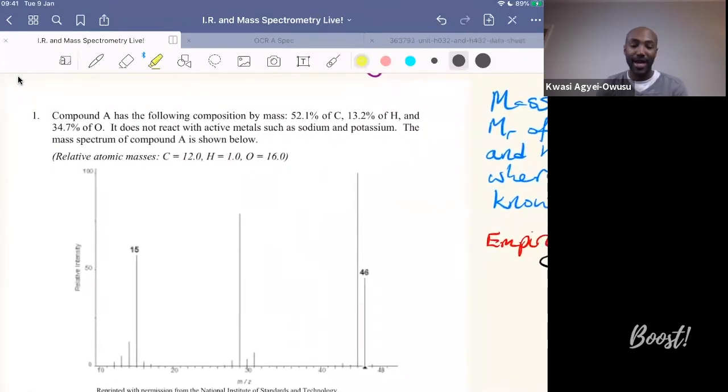Okay, so in this exercise, we're told that compound A has the following composition by mass. We're told that it's got 52.1% carbon, 13.2% hydrogen, and 34.7% oxygen. So we've got the data given to us from our elemental analysis experiment, so we can work out an empirical formula for this compound. Okay, so the information highlighted in pink allows us to work out the empirical formula.